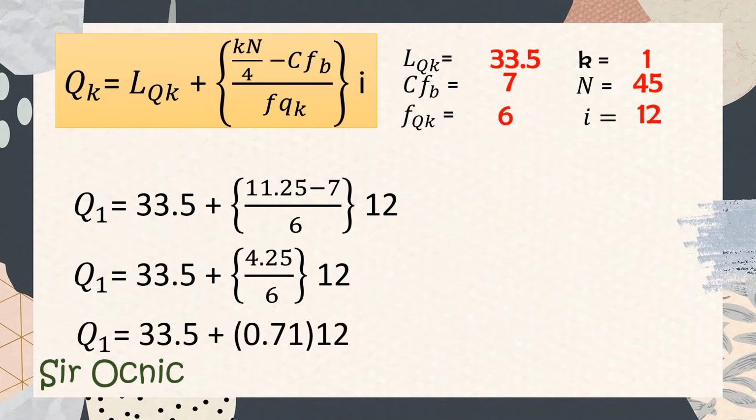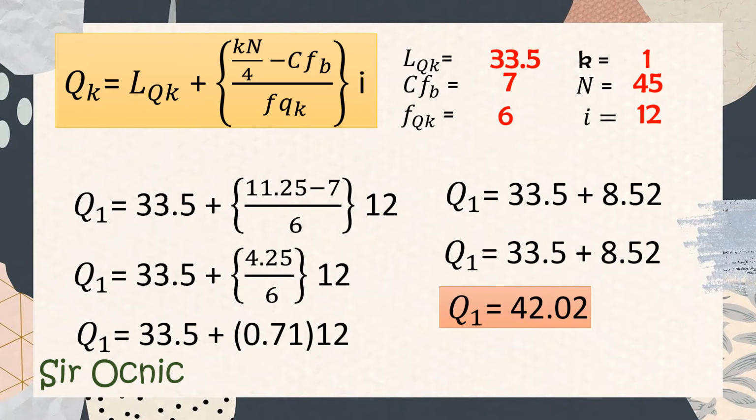Simplifying the fraction, that is equal to 33.5 plus 0.71 times 12, which is equal to 8.52 plus 33.5, which is equal to 42.02. Therefore, our first quartile is at 42.02.